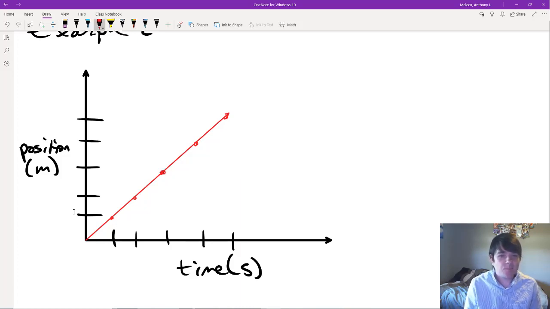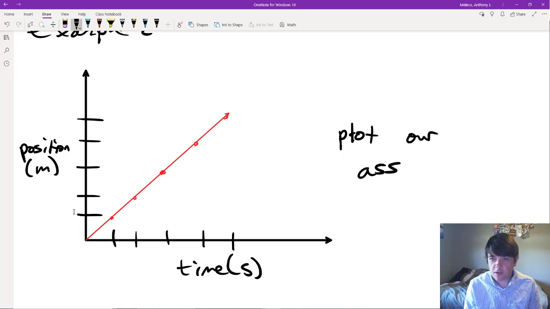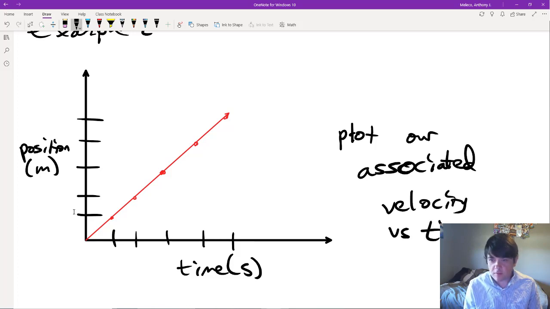So here's the plot, and we want to plot our associated velocity versus time graph.